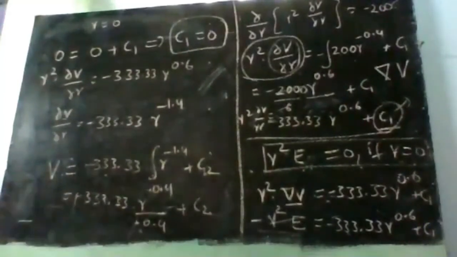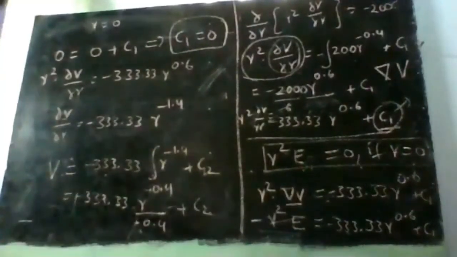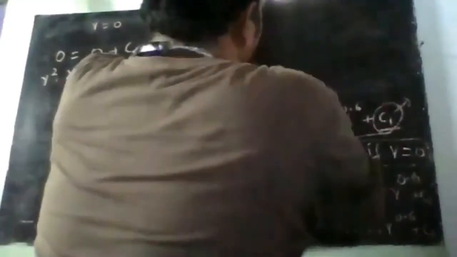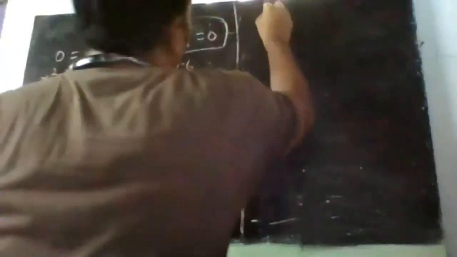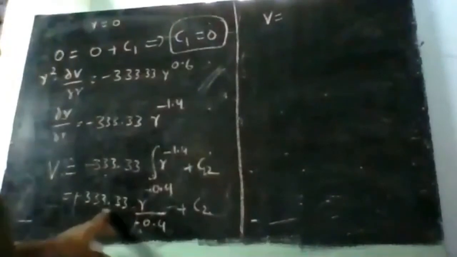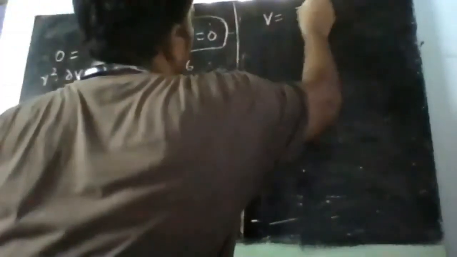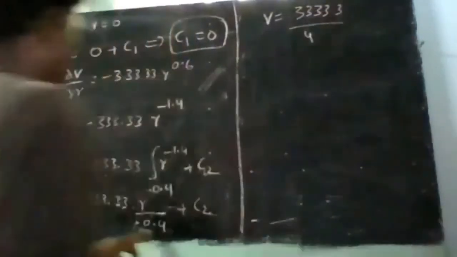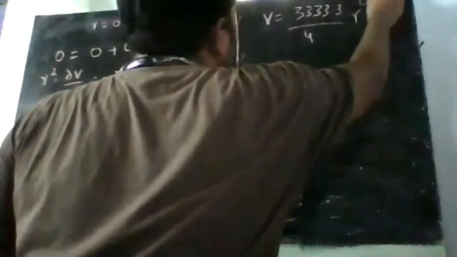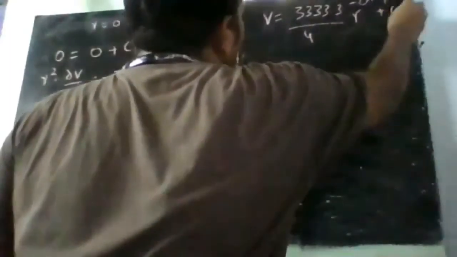Are you able to understand? So V is equal to 333.3 divided by 0.4, into R power minus 0.4 plus C2.